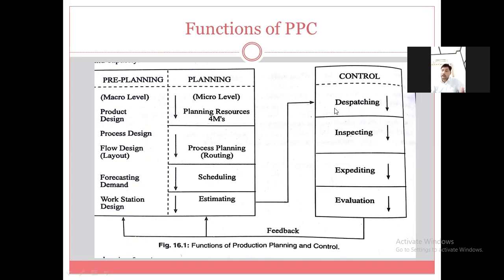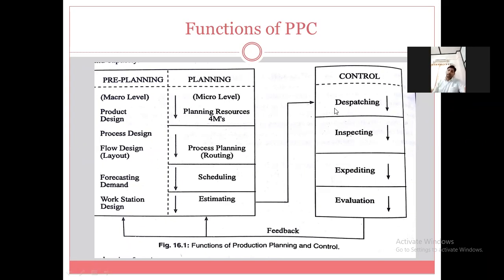All the materials and tools required for production are under the control of the store department, so the store department will dispatch the material and required tools. Sometimes for some machines specific jigs and fixtures are required, so those need to be provided to the specific worker or workstation. That comes under dispatching.